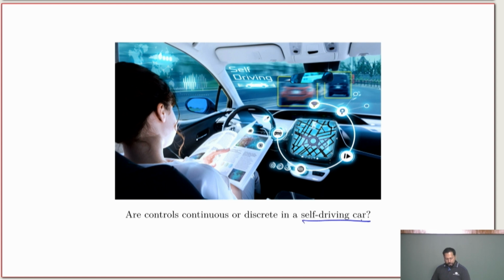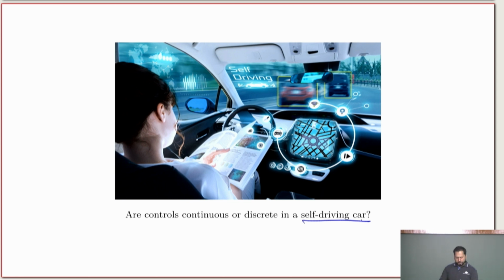If it's a self-driving car, then typically you will have a rotation angle. Typically you will go 0 to 30 degrees, usually not a lot more on a road, and it will take a range of values. You will allow it as if it's a real number. So you may allow maybe 10.5, 10.4 degrees, and so on.